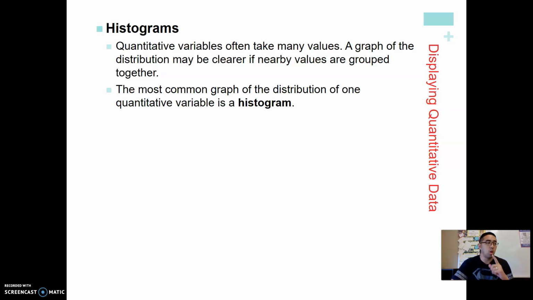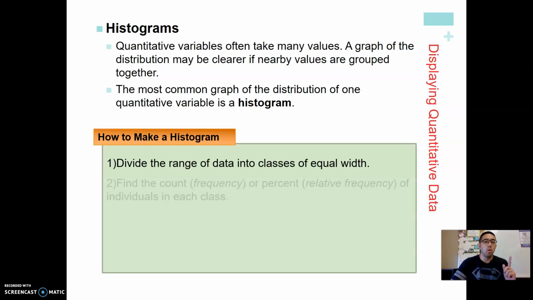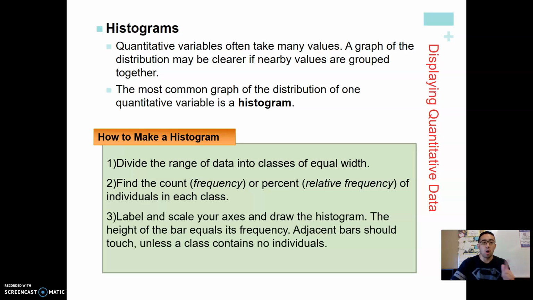You've probably seen it before, and up to this point, you probably called a histogram a bar graph. And I'm going to tell you why you think that is, okay? Because when you make a histogram, the first thing you do is divide whatever data you have into separate small ranges, okay? So you divide the quantitative data into classes with equal width.